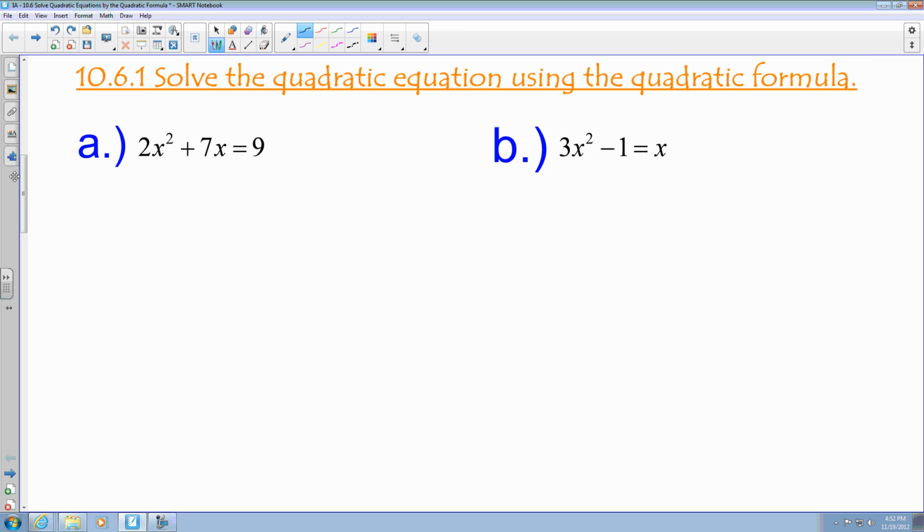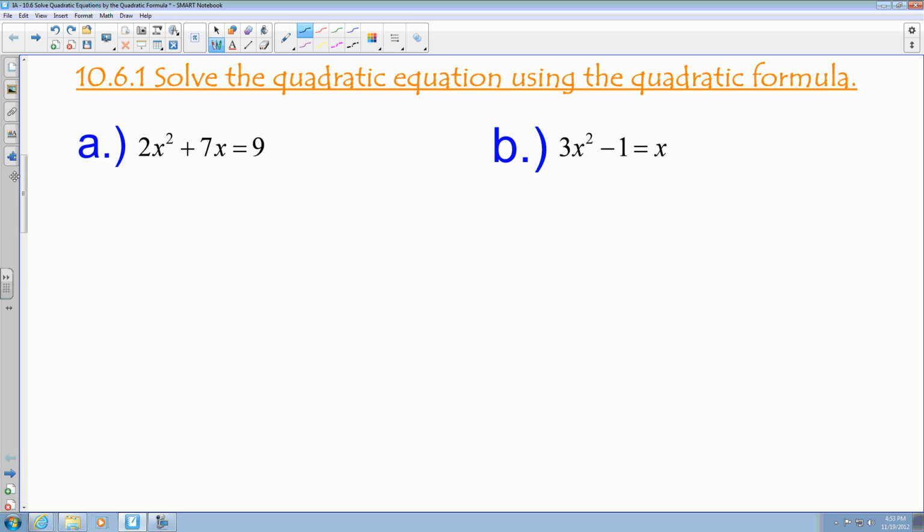So let's do some examples. For these examples, they want us to solve the quadratic equation using the quadratic formula. First thing I want to do is get everything on one side of the equal sign, so it's set equal to 0.